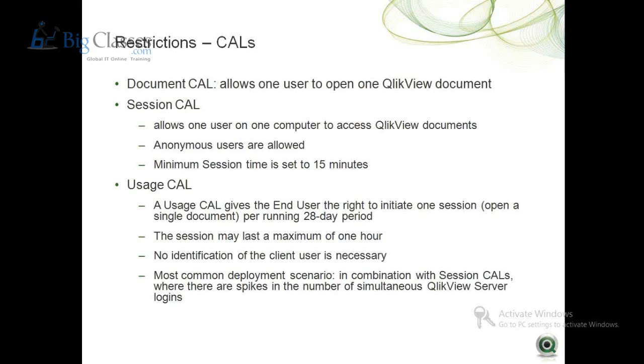And session CAL allows one user to access a particular document, and the minimum time is 15 minutes. So normally we use the session CAL when, suppose, we want to give our application for third party testing. Then we use the session CAL and usage CAL.